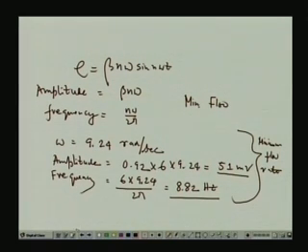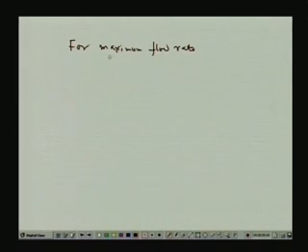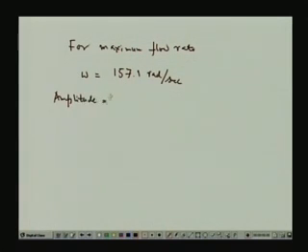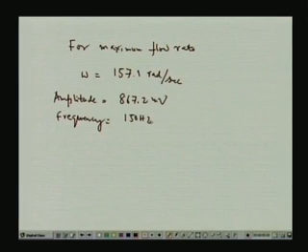Now, let us do for the maximum flow. Let's take a white page. For maximum flow rate, I will get omega equal to, if I plug in all these values, 57.1 radian per second, and the amplitude will come up as, if I calculate, 867.2 millivolt, and frequency equal to 150 hertz, right.